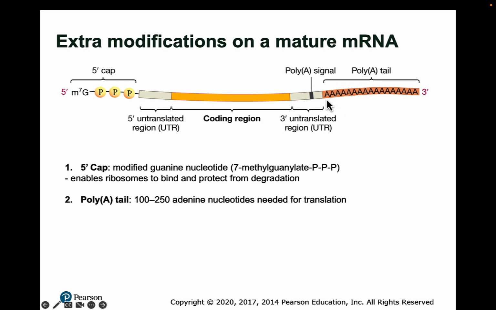This is at the end, and it isn't actually encoded in the DNA, but there's this long addition of 100 to 250 adenine nucleotides, and this is needed for translation. It also protects the mRNA transcript from degradation, and it's added after cleaving the 3' end.